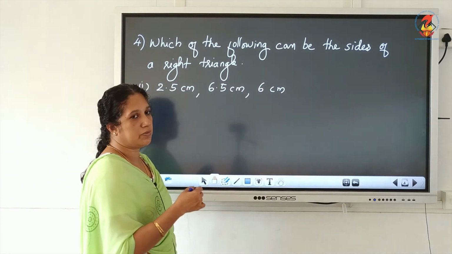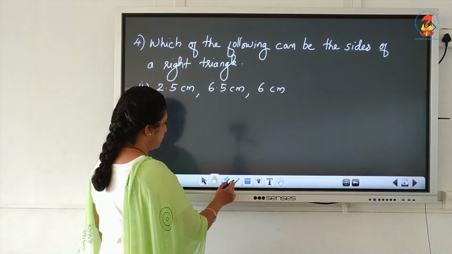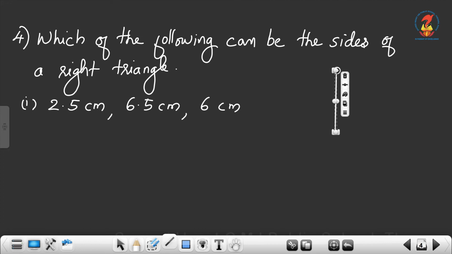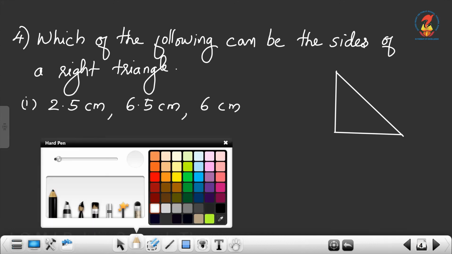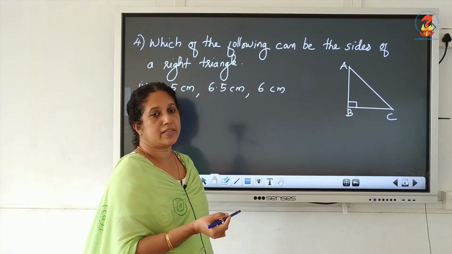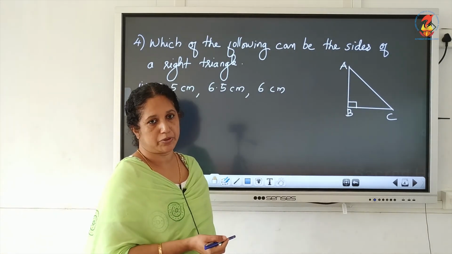So here also if you want you can draw a rough figure. Then you can name the triangle A, B, C, and we will take angle B equal to 90 degree. Then out of these 3 measures, which one do you take as the length of the hypotenuse?